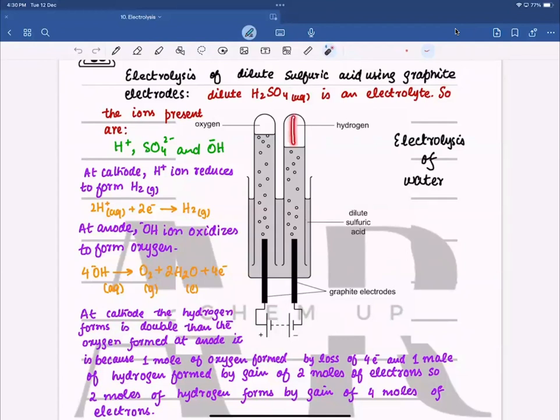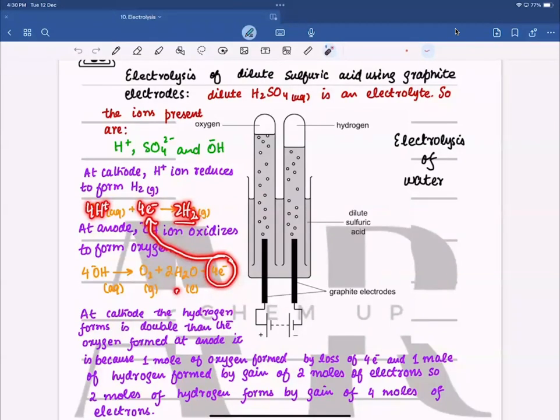If you see, the hydrogen that is collected over here is double the oxygen, right? When 1 mole of oxygen is formed, how many electrons are released? And when 1 mole of hydrogen is formed, how many electrons are gained? 2. So if these 4 moles of electrons are released and used over here, then for 4 electrons we need 4 hydrogen ions, and how many moles of hydrogen is formed? 2 moles.